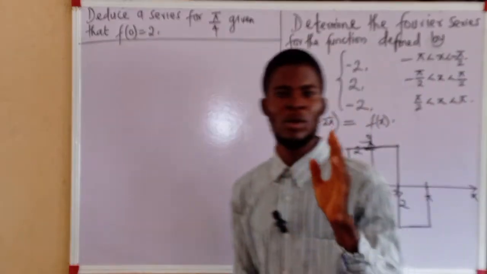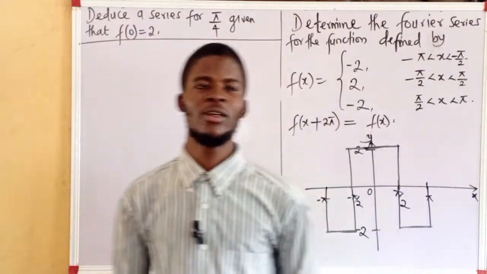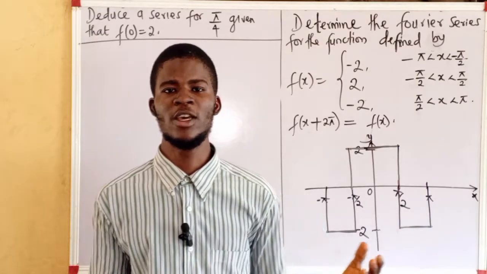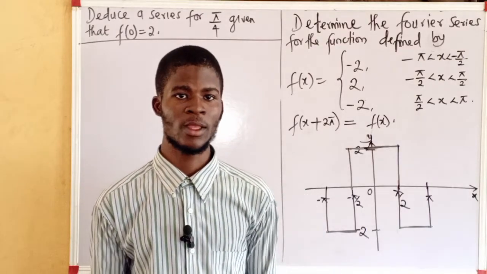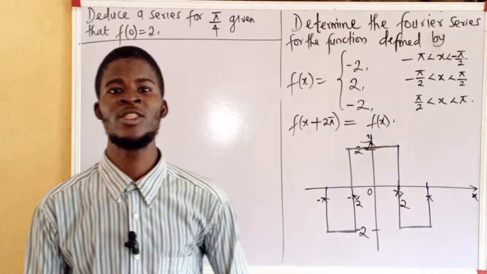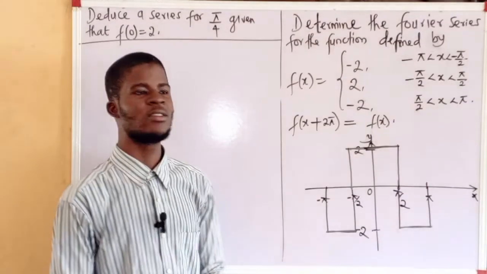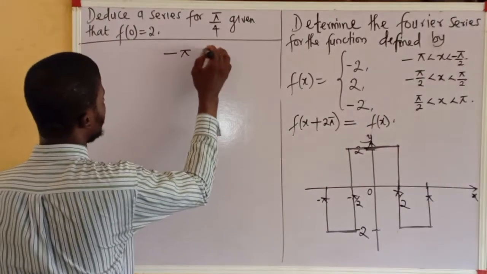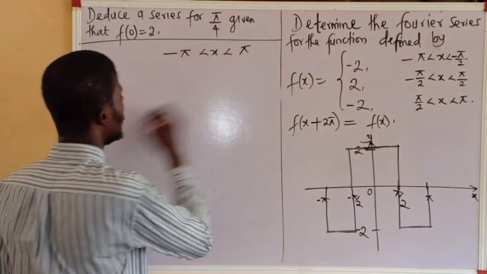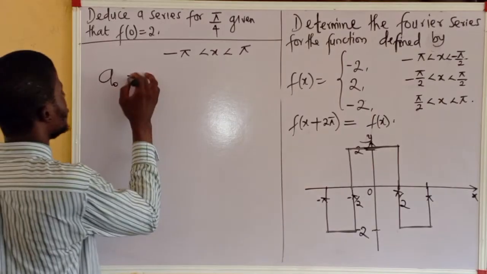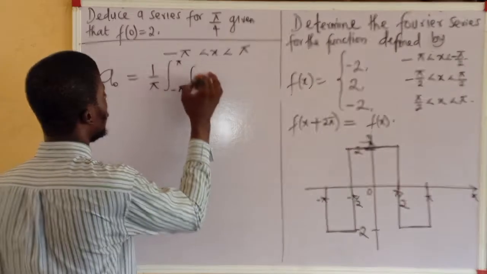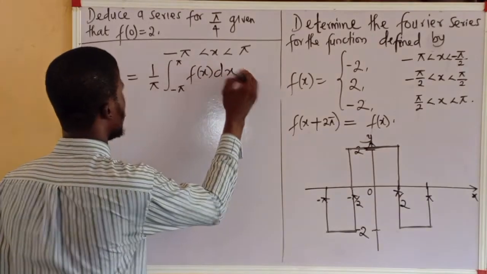And remember what we said about even functions. For even functions, we only need the Fourier coefficients a0 and a sub n. For even functions, b sub n is equal to what? 0. Remember that for the range minus pi less than x less than pi, a0 is 1 over pi times the integral from minus pi to pi of f of x dx.